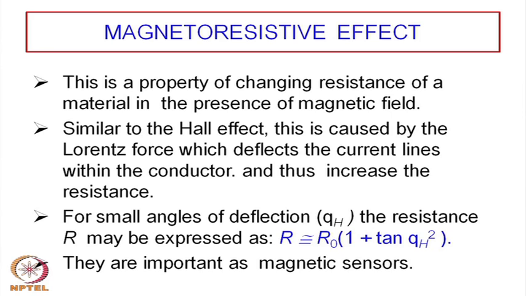For this small deflection, the empirical relationship is like this. The resistance R may be expressed as R equivalent to about R0 (1 plus 10 θH squared), where θH is the angle of deflection in the presence of the magnetic field.